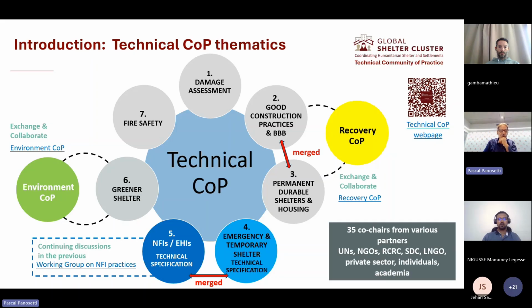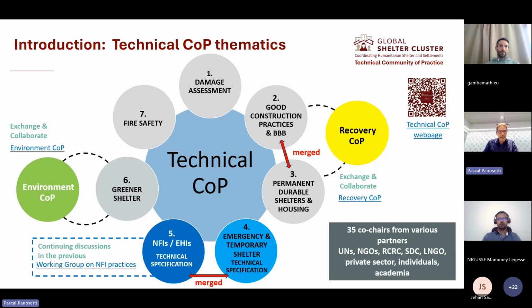I'm doing a short introduction about the technical COP. As you probably know, we have 7 thematics, and the greener shelter is very linked to another committee of practice of the global shelter cluster, the environment committee of practice, and the good construction practice has merged with permanent durable shelter and housing, and is very linked to the recovery COP.